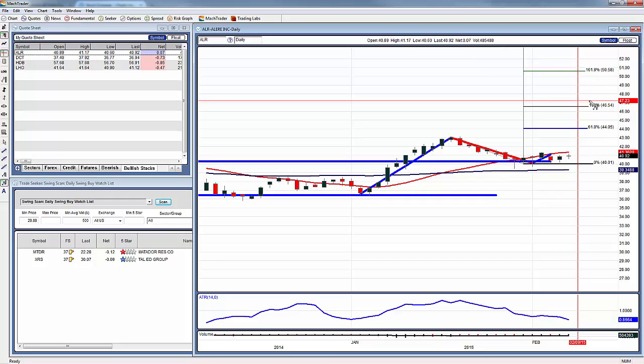So basically, I'd probably do something fairly similar in the sense that I would put an order just to sell at $50 at the 161 level with an alert at the 100. Okay, and so I'm going to target the 161 at $50.58, and I'm going to put an alert at the 100 level at 46.54. Does that make sense, everybody?